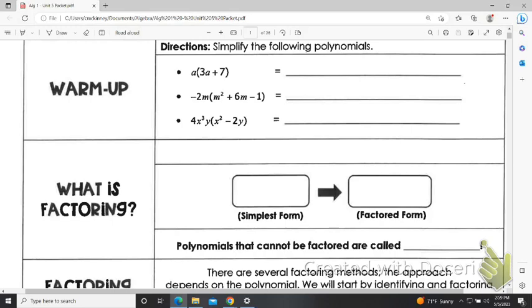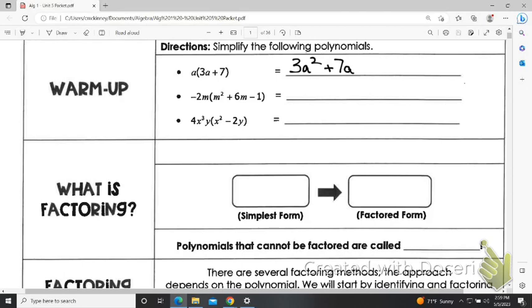So here at the warm-up, these should be things you know how to do. We're just going to be distributing, multiplying that monomial on the outside times each term inside, and keeping in mind our exponent rules. So a times 3a, we should know is 3a squared, and a times 7, 7a.